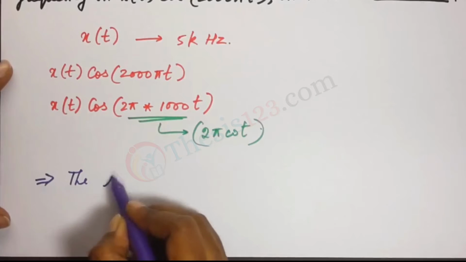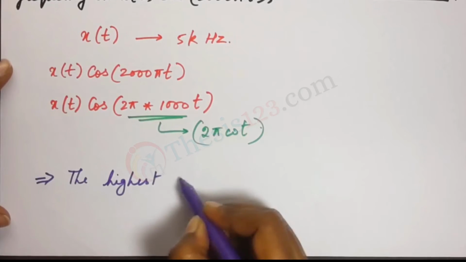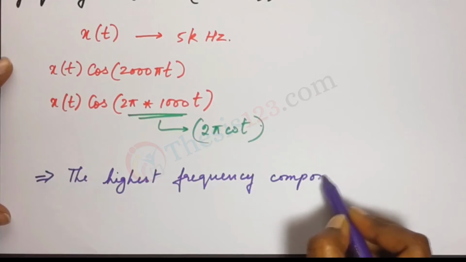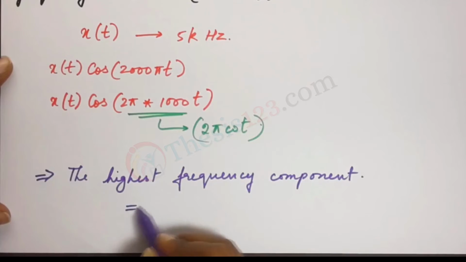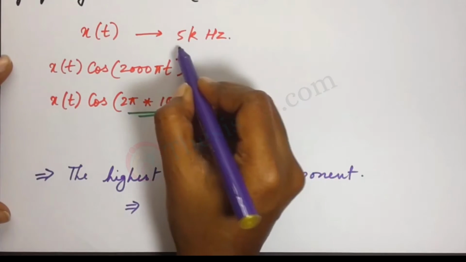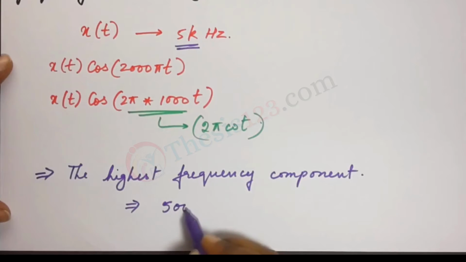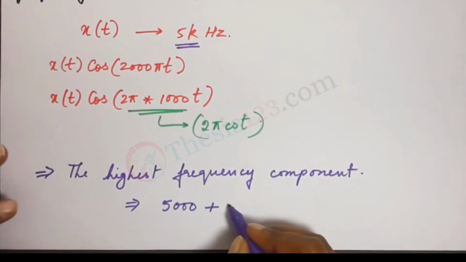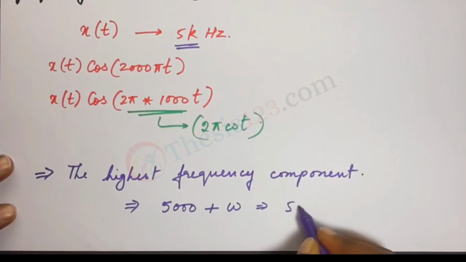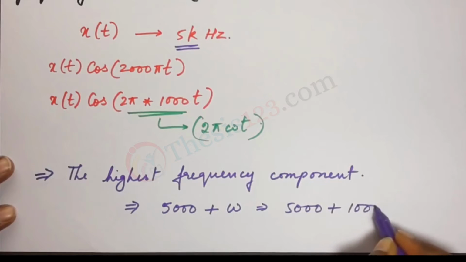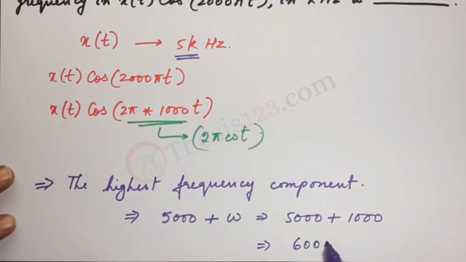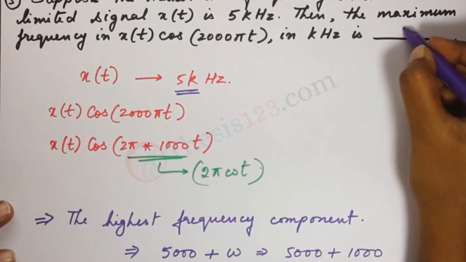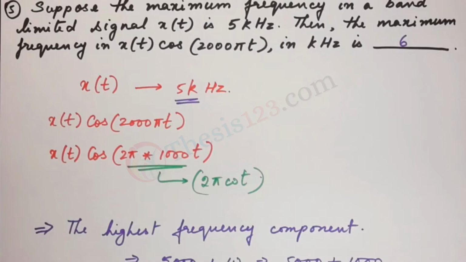So the highest frequency component would be the given maximum range of 5000 plus the omega that we have found over here, which is 5000 plus 1000, and that's 6000. 6 kilohertz is the final answer.